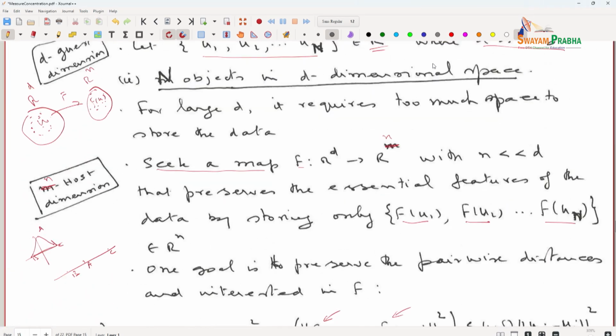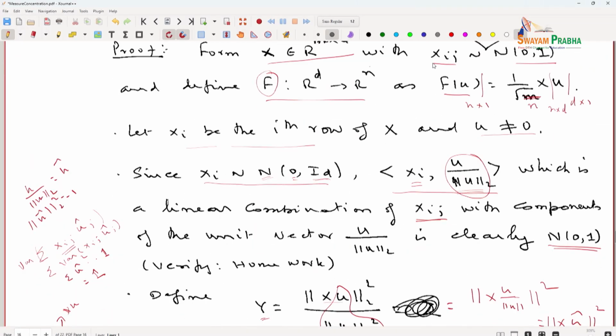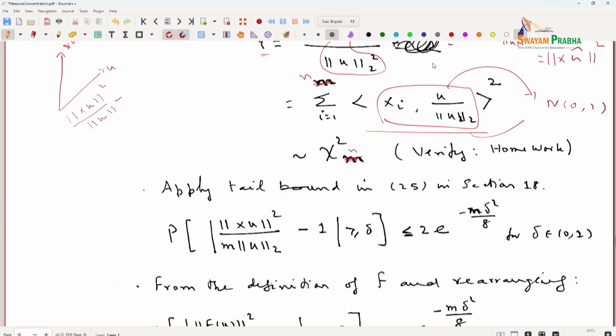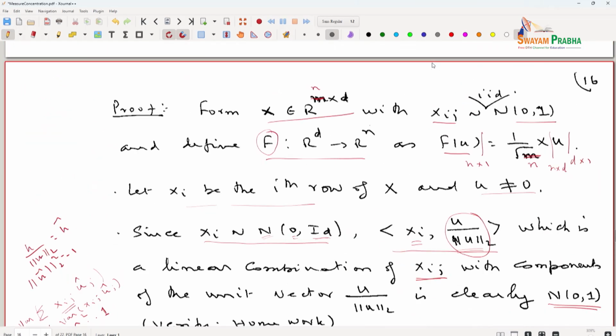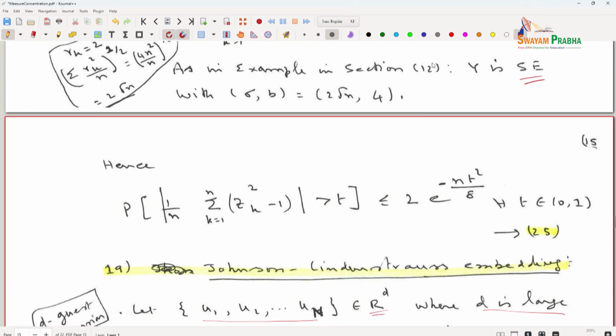I am now going to quote that result in doing what I want to do now. And I also want you to go back to the tail bound in 25 in section 18. So, let us go back once again to the tail bound.